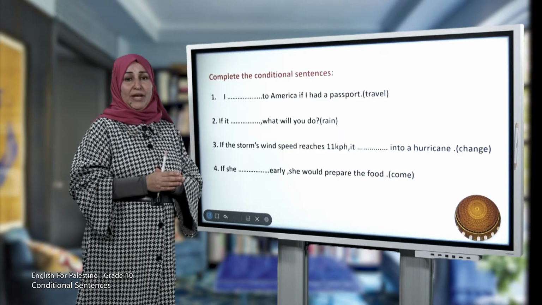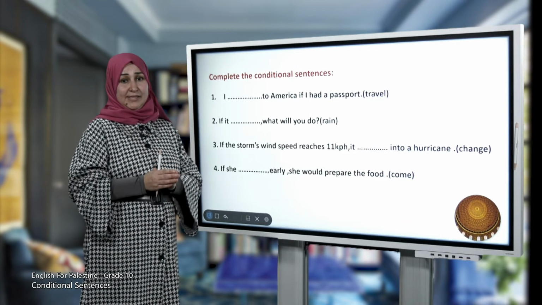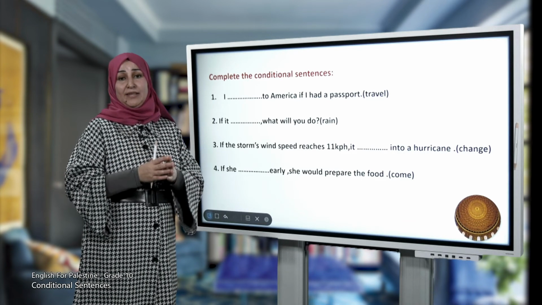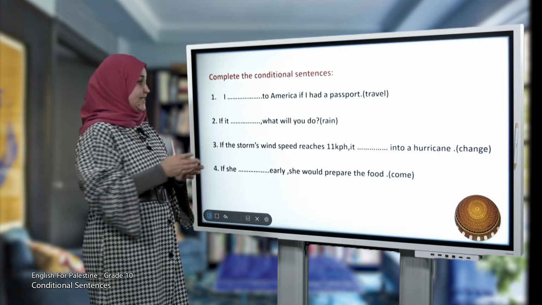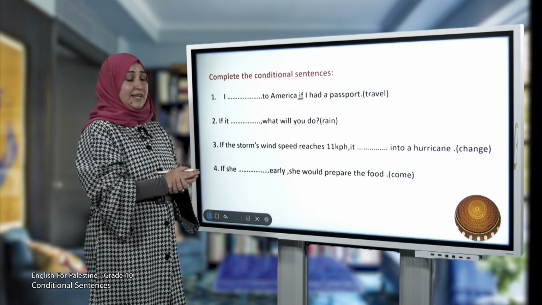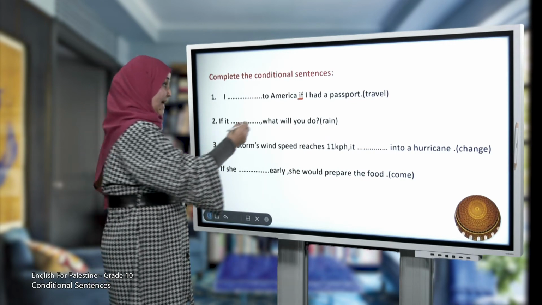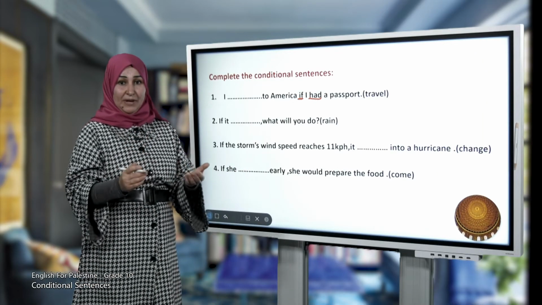First of all, you have to find out which type this sentence is. How can we find the conditional type? First, where is if? It's in the middle of the sentence. And the verb here is had. It is simple past.